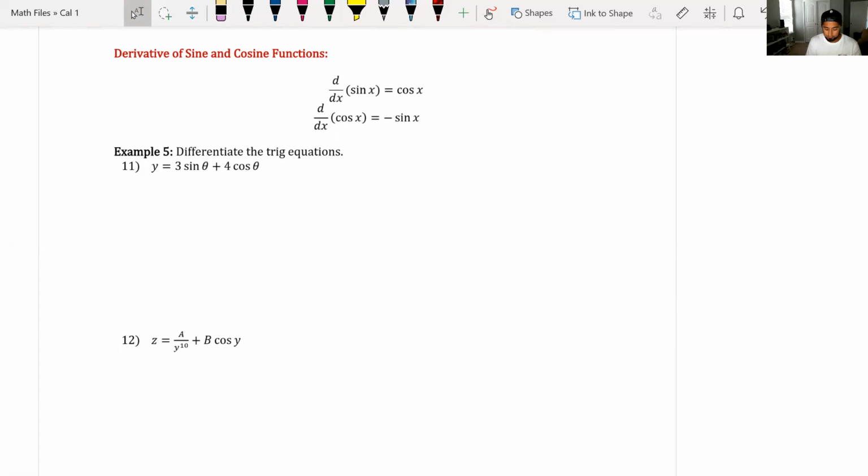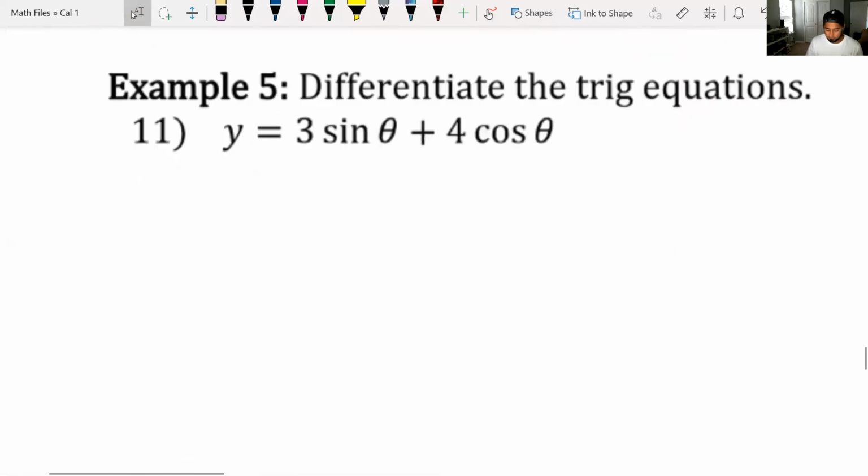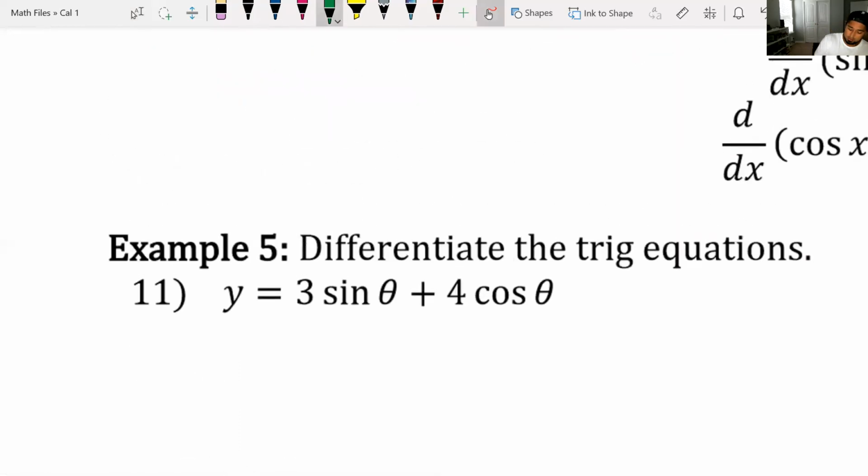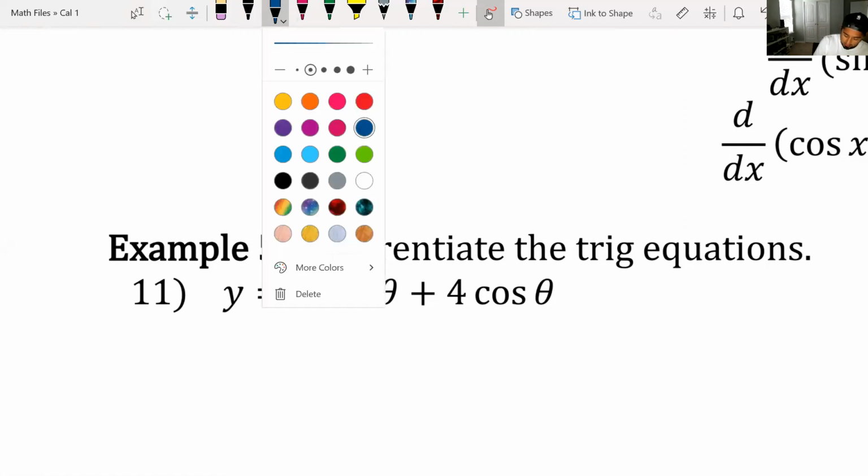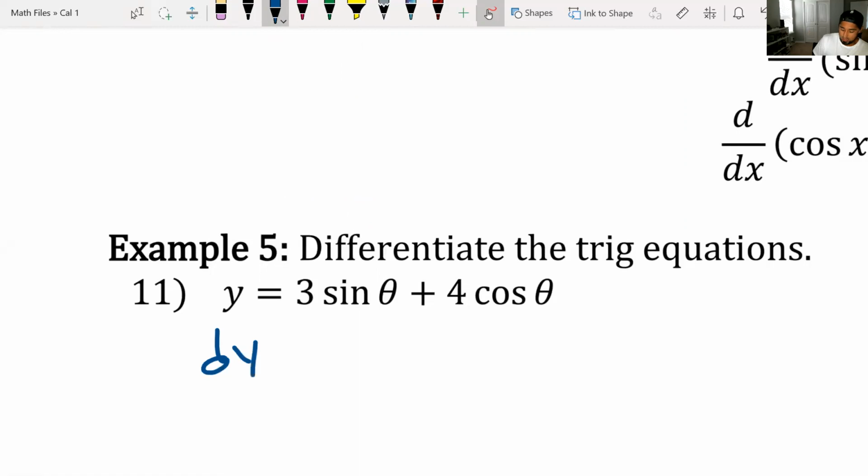Number 11, y equals 3 sine theta plus 4 cosine theta. Again, I'm going to play with notation. I'm going to say dy over d theta. This says, take the derivative of the function y with respect to theta.